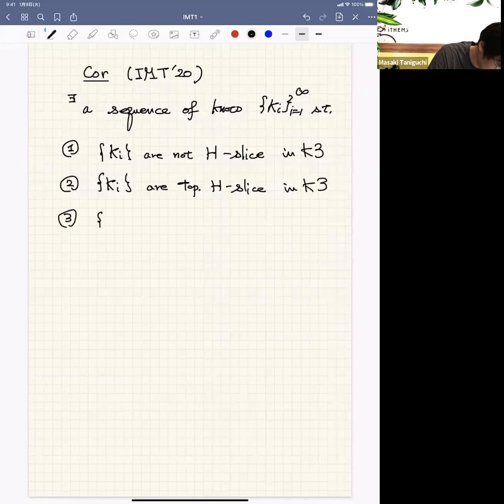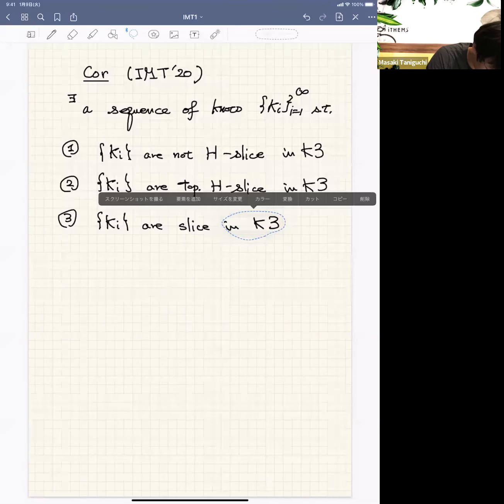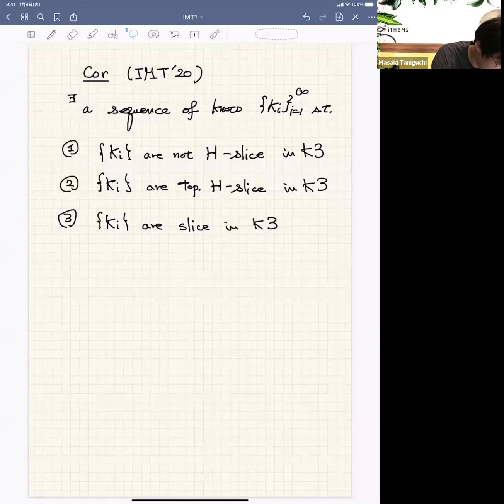This means if you don't assume any homological condition on the slice disk, then it admits a properly embedded disk in K3. And the last condition is that K_i are linearly independent in the knot concordance group.